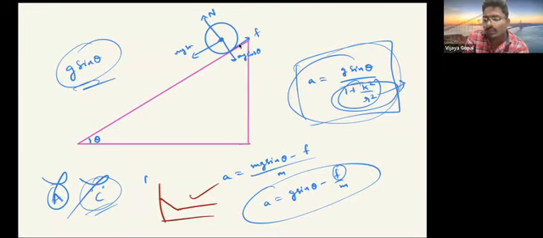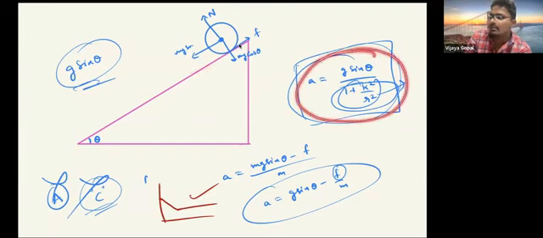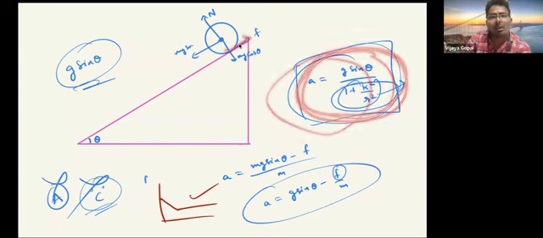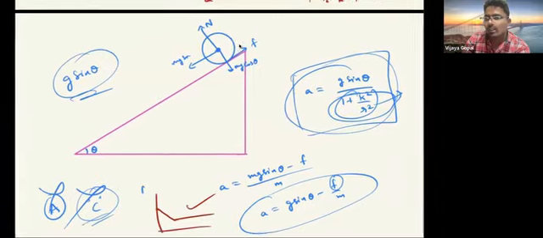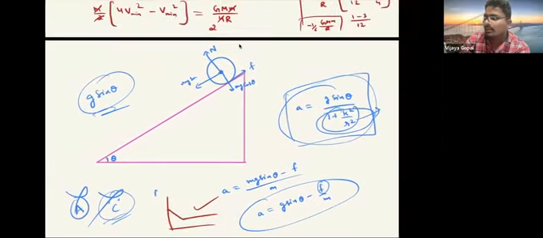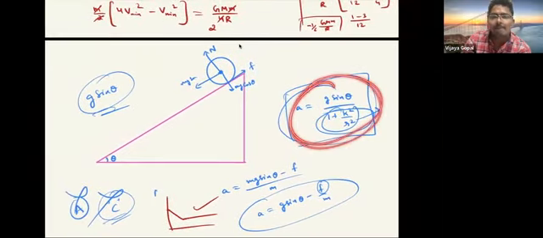The only thing that is left out is what, sir? B option. Okay, B option. So basically when friction is there, once you get this acceleration, whatever frictional force is required for this acceleration, whatever the mu you take, is this acceleration fixed or not?